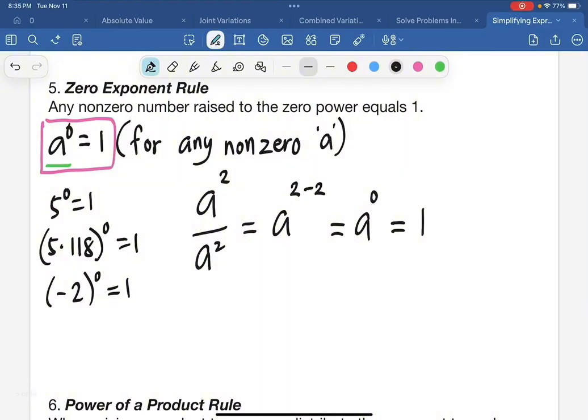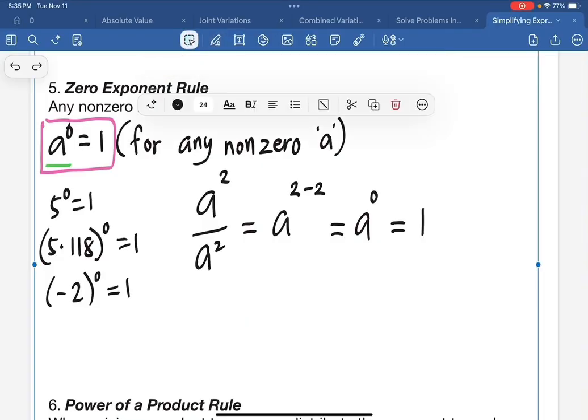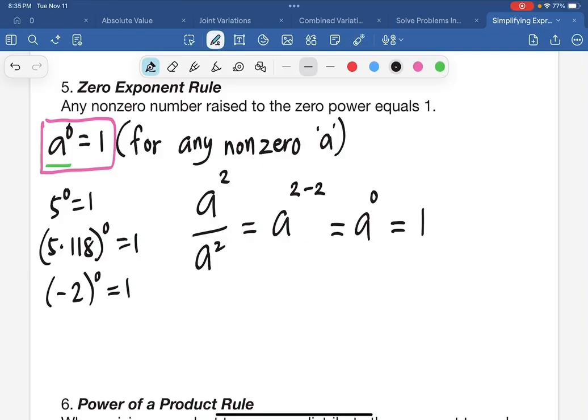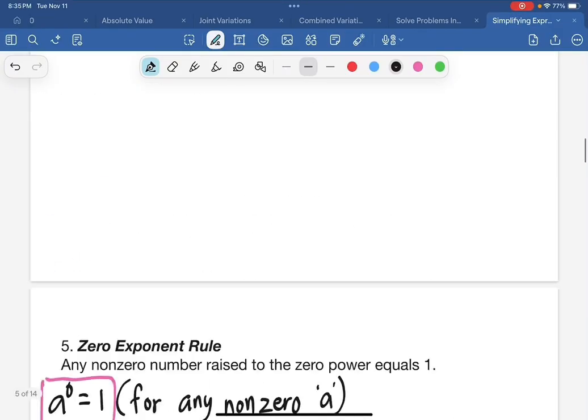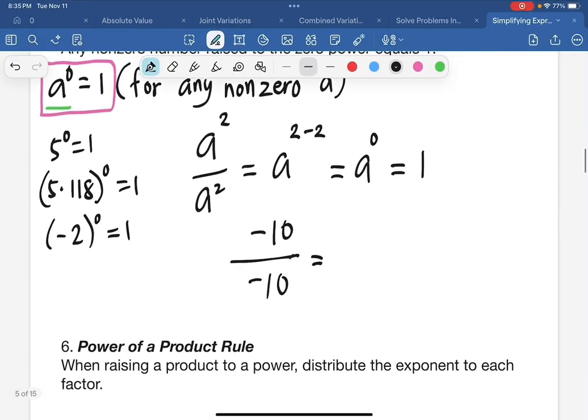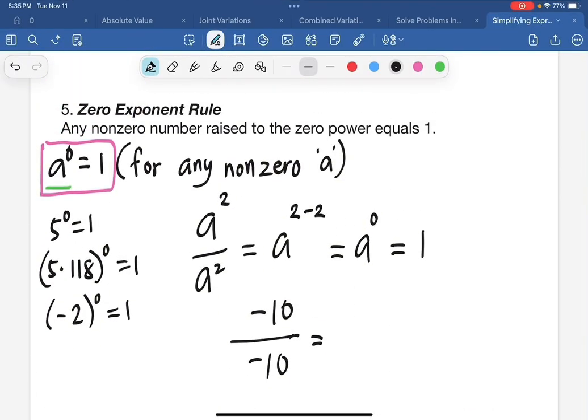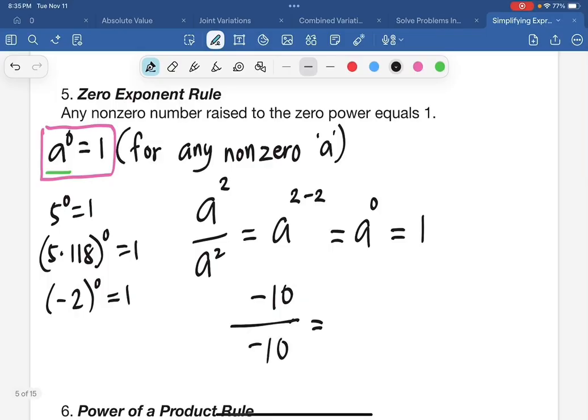Another thing, let's have a number. We have negative 10 divided by negative 10. So obviously we have the same numbers. So with or without knowing the zero exponent rule, the answer would be 1. But again, let's just go back to the rule. Do they have the same base?